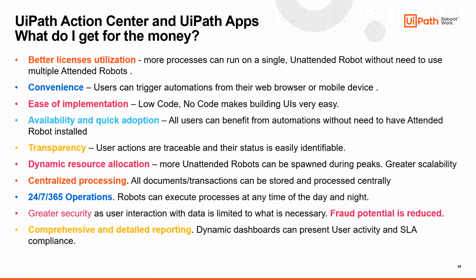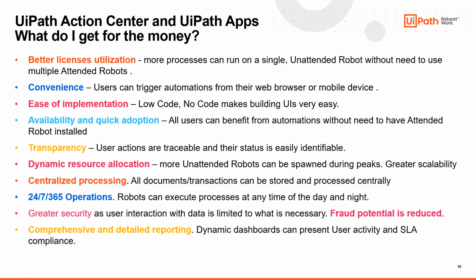But UiPath Apps, as of now, is available only in UiPath Automation Cloud. We of course have a plan to have UiPath Apps available as part of our on-premise offering, but this will come a little later this year.